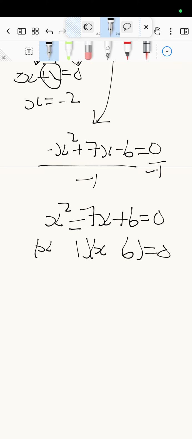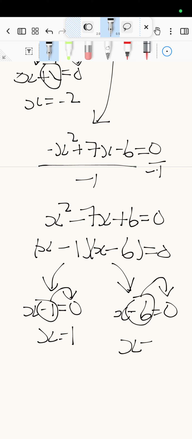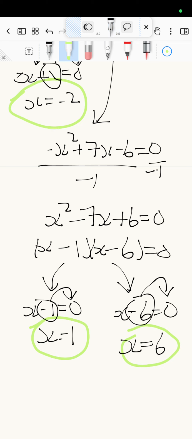I have a negative 7, so I need minus 1, minus 6 to get me that value. Then these two generate their values: x minus 1 equals 0, so I add 1 on both sides. So x is equal to positive 1. And x minus 6 equals 0, this goes over, so x is equal to positive 6. All right. So you have this one, and this one as your x-intercepts.